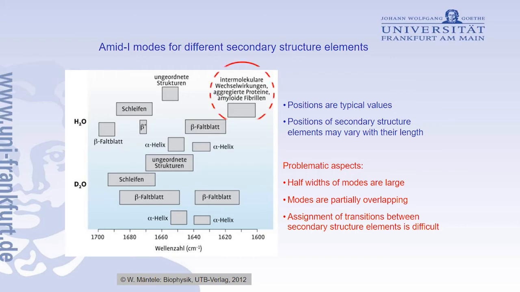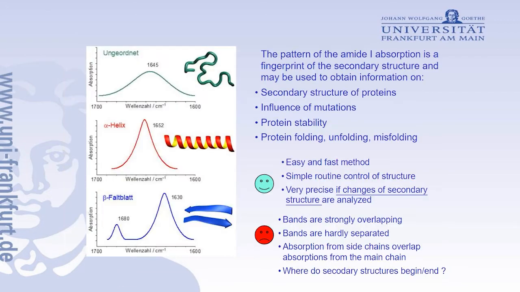But generally spoken, you have unordered structure, alpha helix and beta sheet in different regions, and you can use that as a fingerprint of secondary structure for the characterization of secondary structure of proteins, for the influence of mutations, which will show up in that range, for protein stability and protein folding, unfolding, and misfolding.